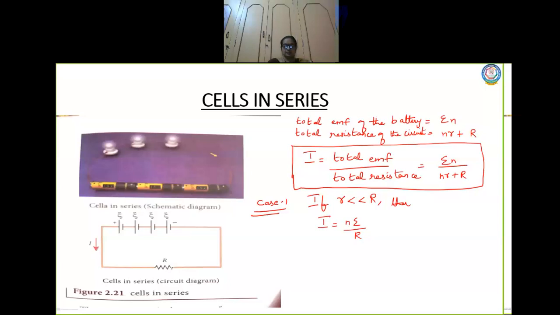Am I right, children? Yes. Now this is approximately equal to n times I1. Let me assume what is this I1? I1 is the current due to the single cell.